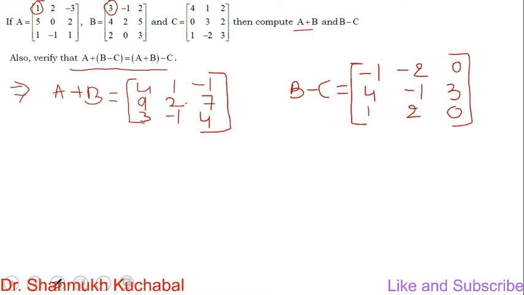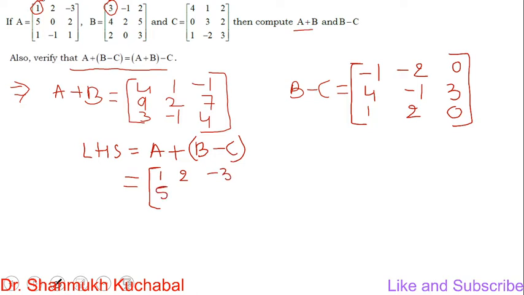Now we will find the LHS. So LHS equals A plus (B minus C). A is the given matrix, A is 1 2 minus 3, 5 0 2, next 1 minus 1 1.